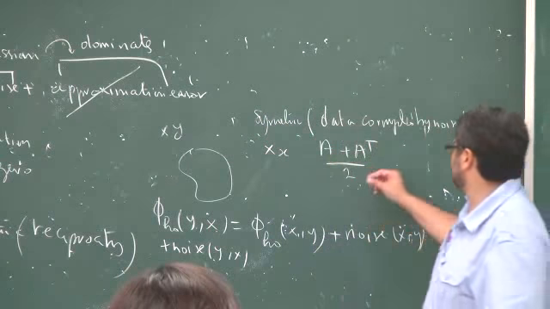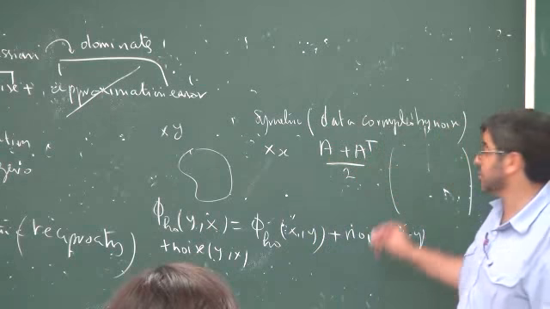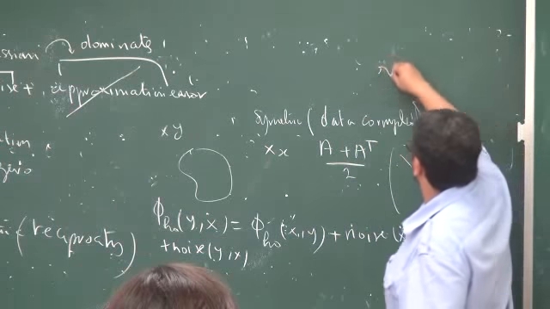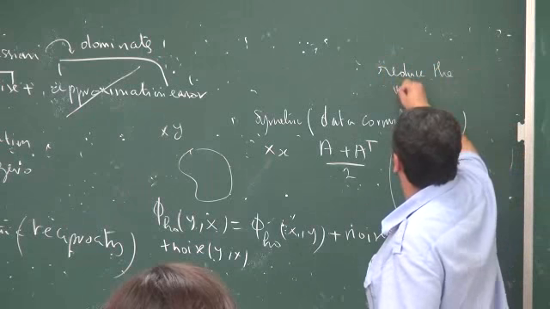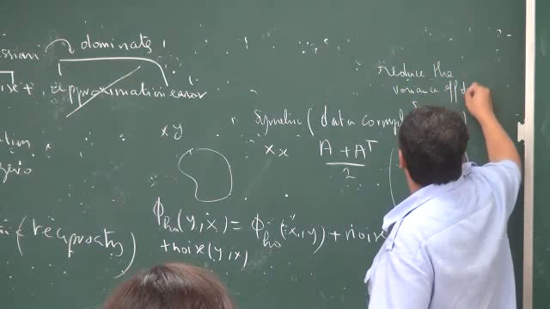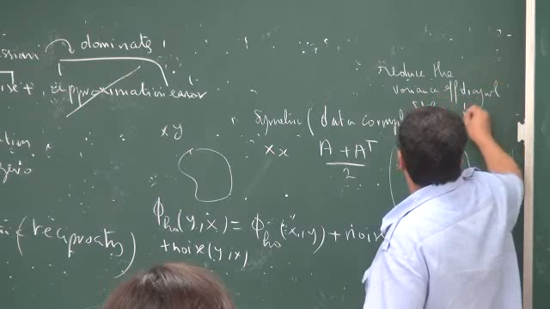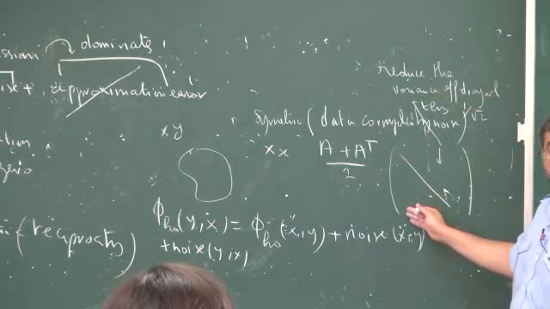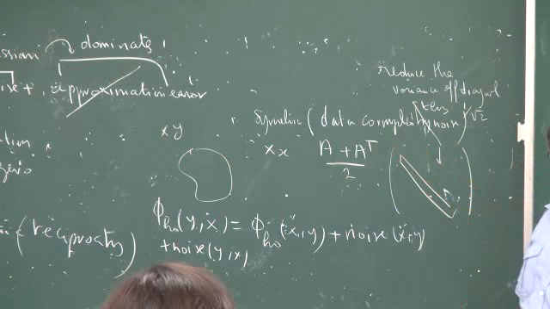And this actually makes you even more happy, because it will reduce the variance of the off-diagonal terms by a factor 1 over square root of 2. The variance will be reduced, but not for the diagonal terms.